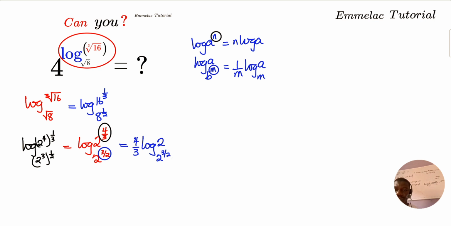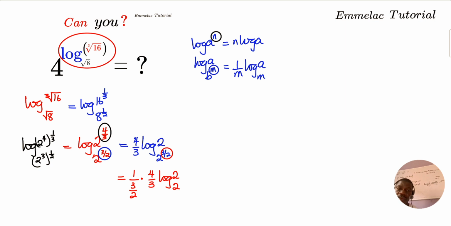The next thing we need to do is to apply this rule to 3 over 2. Take note, it will still be a multiplier, since in this case it's a multiplier to the log. So we then have 1 over 3 over 2, times 4 over 3, then log 2 base 2.